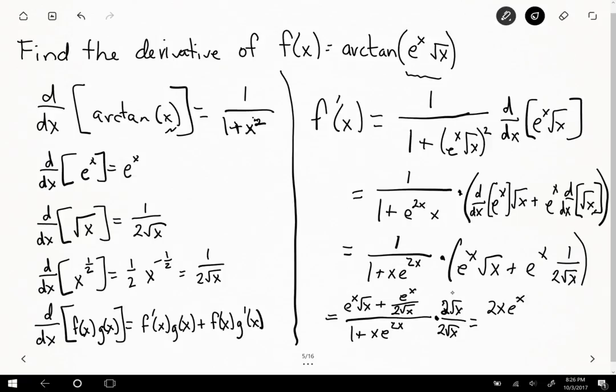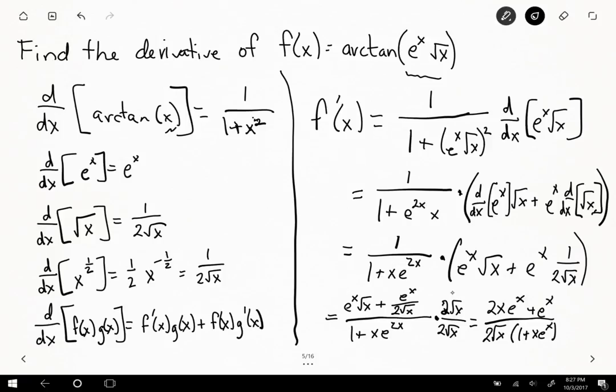The 2 square root of x will cancel, so plus e to the x, all divided by 2 square root of x times the quantity 1 plus x e to the x. And some other forms you might have is you might factor out an e to the x in the numerator or things like that, but you can continue to keep on doing that.